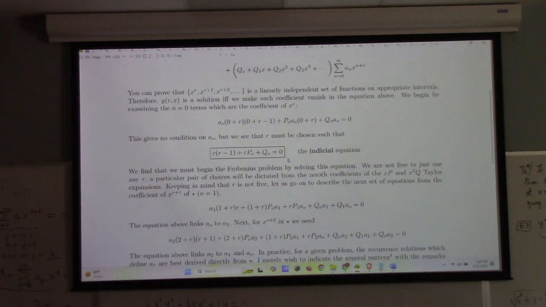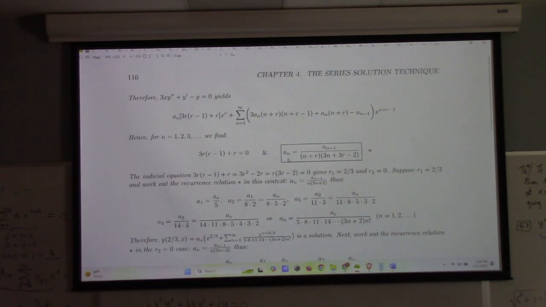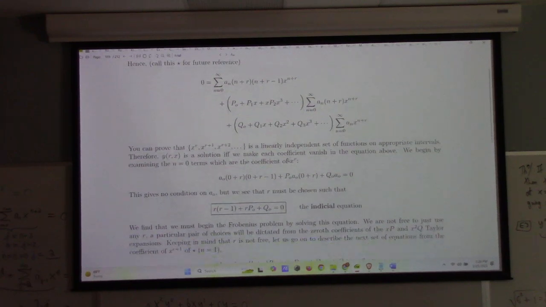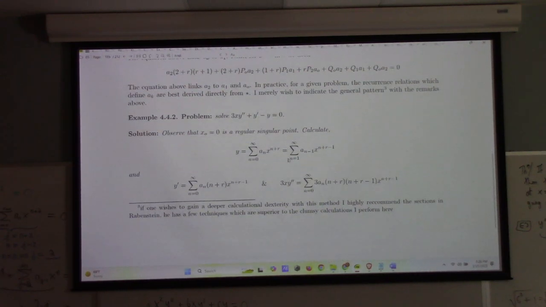So the indicial equation ends up being this. And here, I'll just show you one. Here's how you solve it. If I'm going to solve this Frobenius problem, 3x y prime prime plus y prime minus y equals 0, I take the Frobenius solution, which is this, and first of all, I'm re-indexing it so I can add it together nicely later. This is my general solution. I differentiate it. How do you differentiate this?